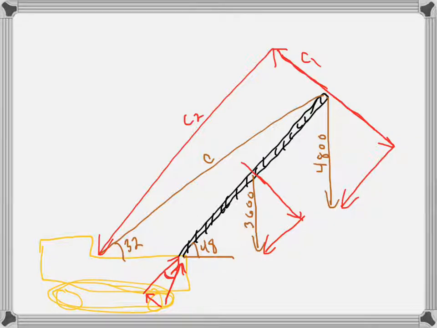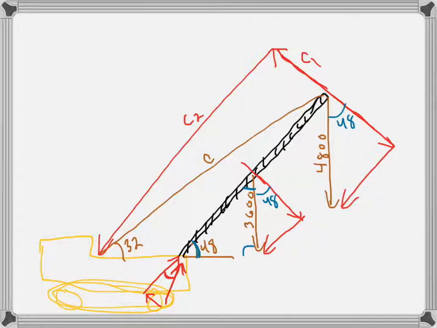Okay, so we want to look at a couple of the angles here. I know that if this is 48, this angle in here would actually be 42, because this is 90. And if that's 42, then this is 48. And if that's 48, this is also 48.